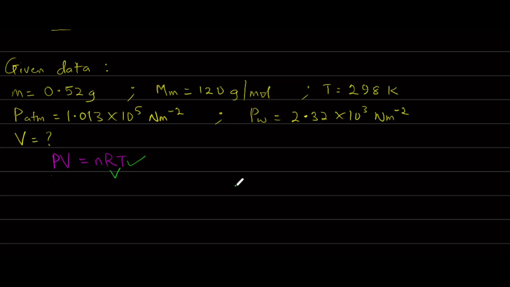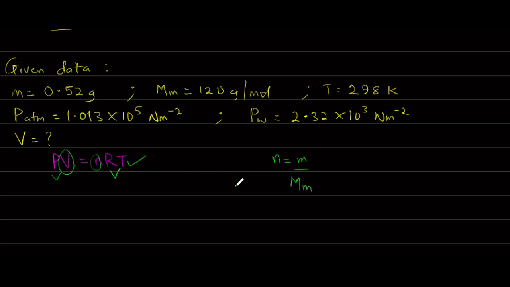We are given pressure indirectly, which is the pressure of the gas. We can get it from the pressure of the atmosphere and the pressure of water. So our unknown here is the volume. That means the only missing piece is our number of moles. How are we going to get the number of moles? We can get it from n equals mass over molar mass. So once we're able to get the number of moles, we can substitute into this equation so as to get the volume.